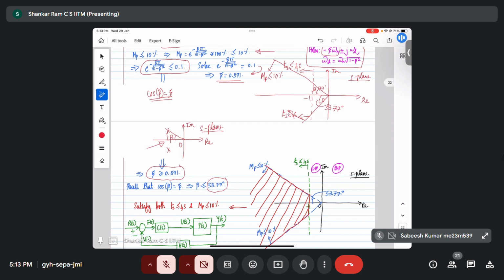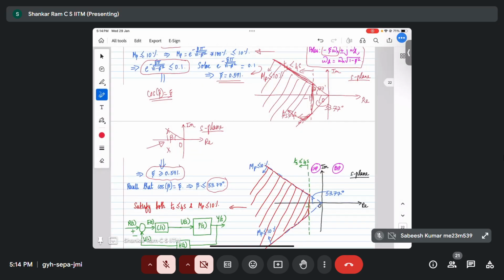So what should we do? We want both settling time and peak overshoot. How should I calculate the feasible region? We should put the other constraint also on the same graph. It should be the intersection of the two feasible regions. The intersection of the two feasible regions is this region, like an open trapezoid.